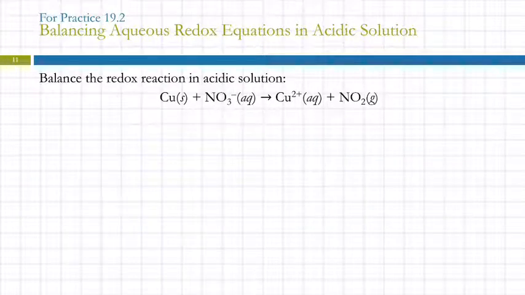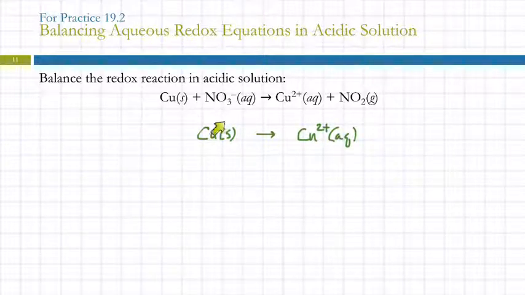Let's do another one. Balance this reaction. Copper plus nitrate ion making copper 2+ and nitrogen dioxide. So we need to separate these into two half reactions. So we need copper on one side and the copper ion on the other side.